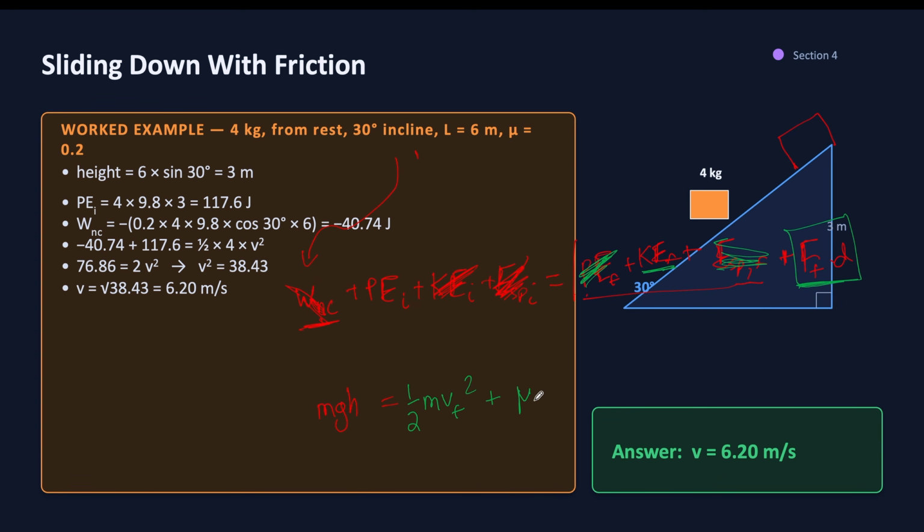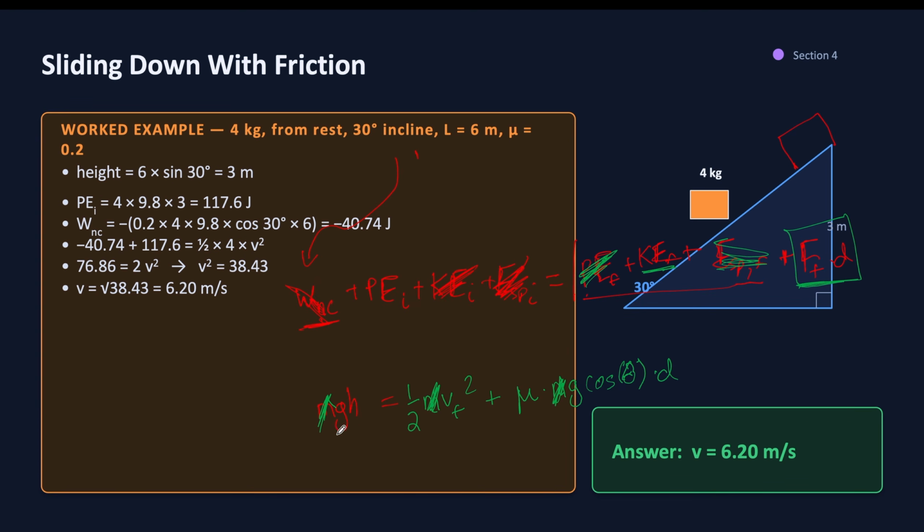So mu times mg cosine theta times distance, right? So what terms can I cancel out here if I'm looking here? Looks like I can cancel out all the masses, right? That's why I did this initially, so I could cancel out a few variables before my work gets complicated.